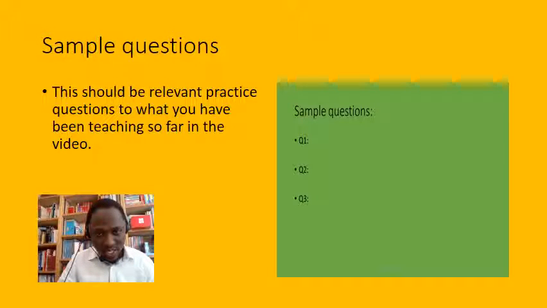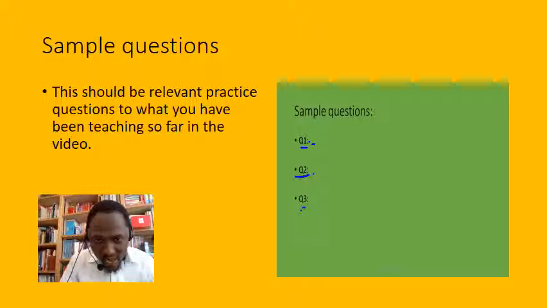So what I've done here is, even though I've not put any question there, I've put Question 1, Q2, and Q3, representing question 1, question 2, question 3. So here, I'm assuming if I'm going to put questions here, I'm going to have a low-level challenging question for question 1, and then I have a mid-level challenging question that will take a bit more time and understanding compared to question 1 to solve.